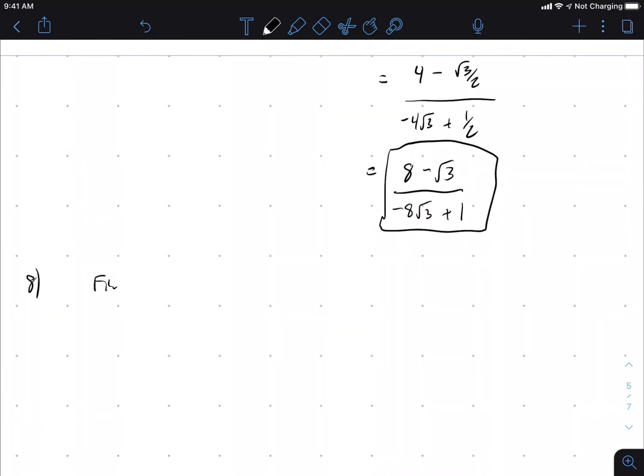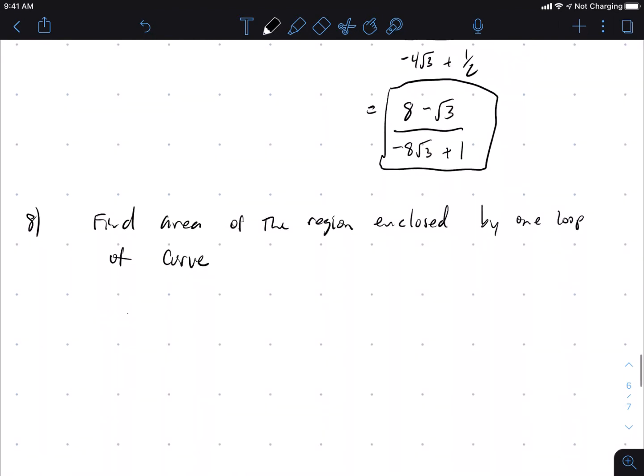Let's find the area of the region enclosed by one loop of the curve. So that means this thing's going to be a little bit more funky, right? And here is the equation. It's r is equal to 8 sine 7 theta.